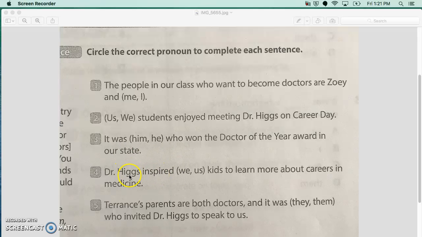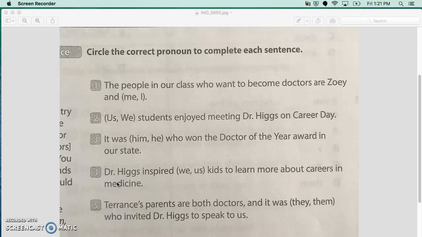So Dr. Higgs inspired we, or Dr. Higgs inspired us. Read that sentence with whatever pronoun you choose and see if it makes sense. So did you choose Dr. Higgs inspired us to learn more about careers in medicine? Hopefully you did. That's the correct answer.